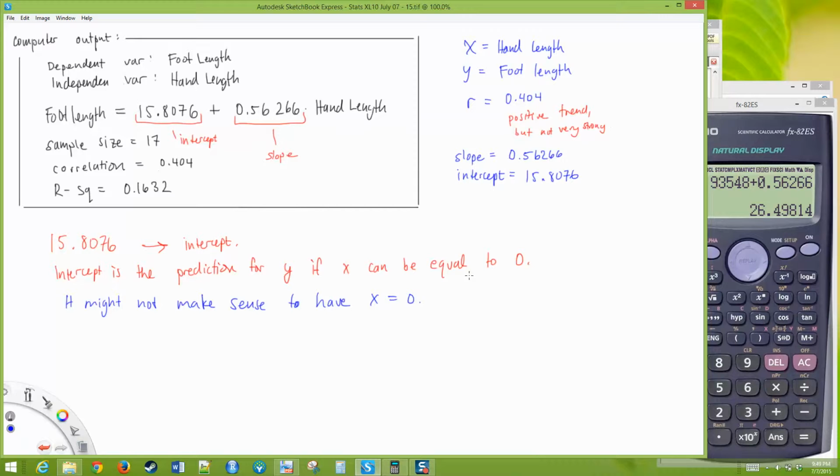So in our context, the direct interpretation would be if someone had x equal to 0, we predict their foot length to be 15.8076.